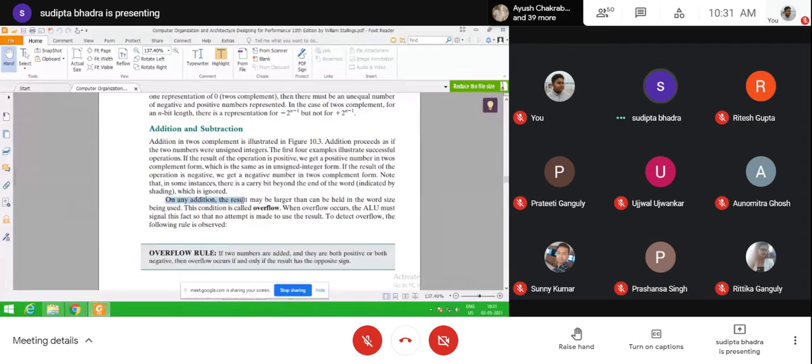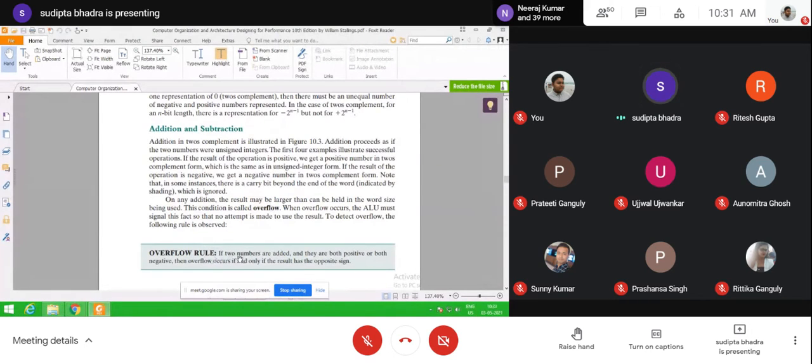Please follow the highlighted part: on any addition, the result may be larger than can be held in the word size used. This condition is called overflow, and the result produces a 9-bit number, so the extra bit is overflow. The ALU must signal this overflow.